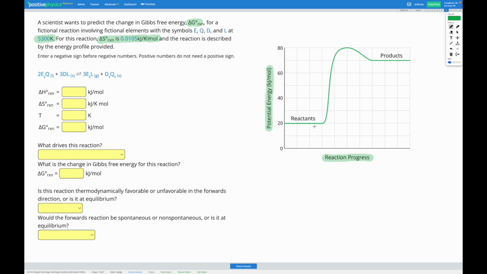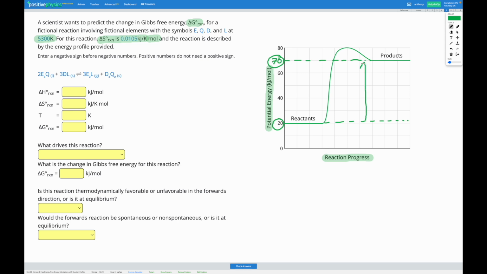So our first step is going to be using this energy profile to find our enthalpy change of reaction. So we want to see between our products and our reactants, what was the change in energy. So we start out with our reactants at 20 kilojoules per mole. Then our products, those are at 70 kilojoules per mole. And we can see our reactants are lower than our products.